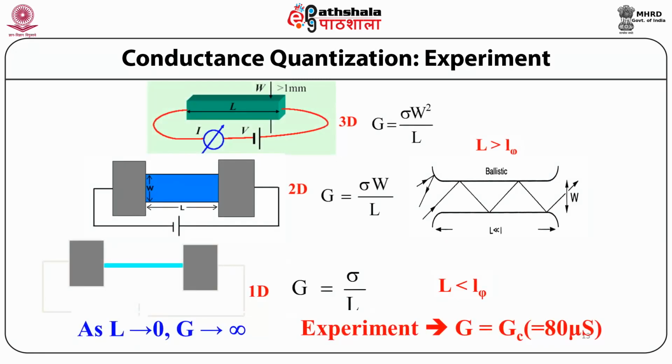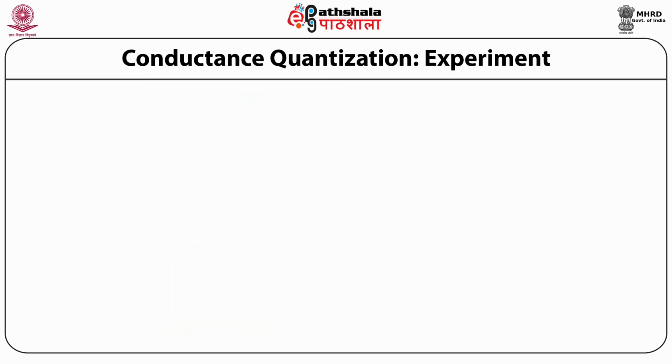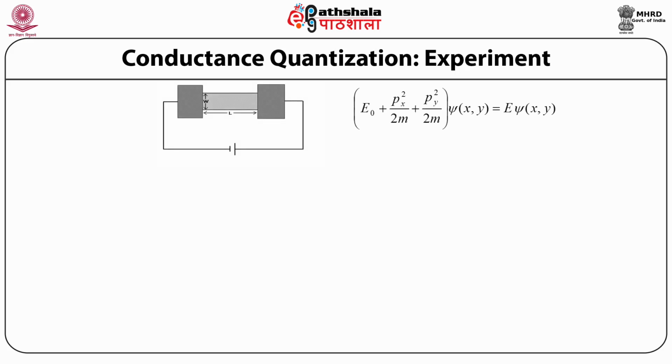Now, continuing our discussion on mesoscopic transport in 1D, let us solve the Schrödinger equation for a conductor in 2D. Then, the time-independent Schrödinger equation of a current carrying wire is given by [E0 plus px square by 2m plus py square by 2m] multiplied by psi(x,y) is equal to E psi(x,y).